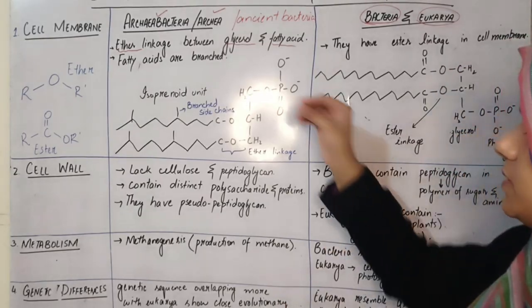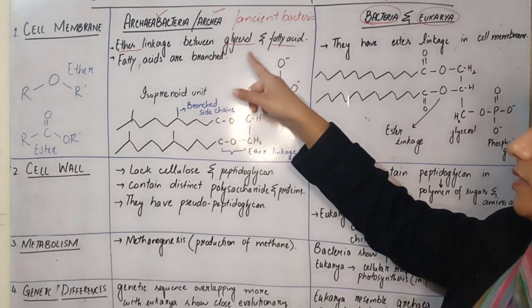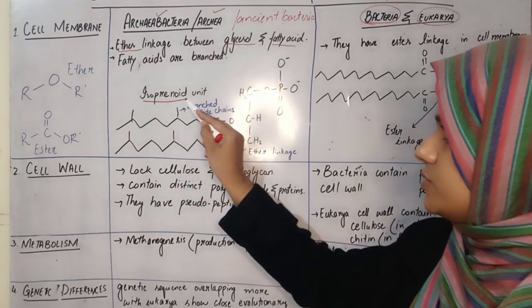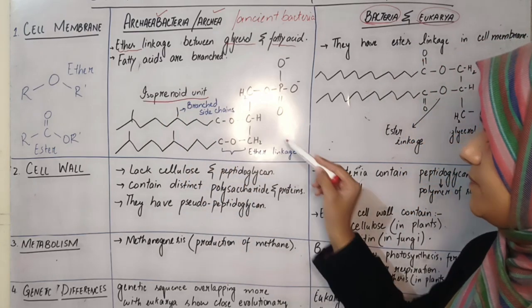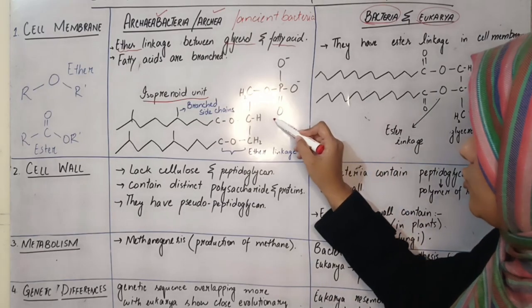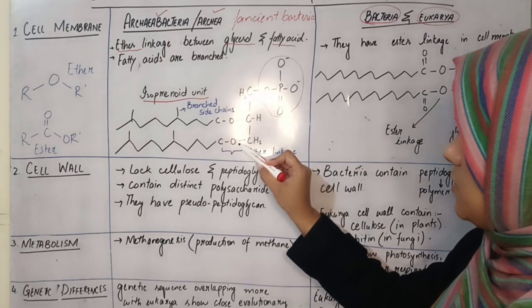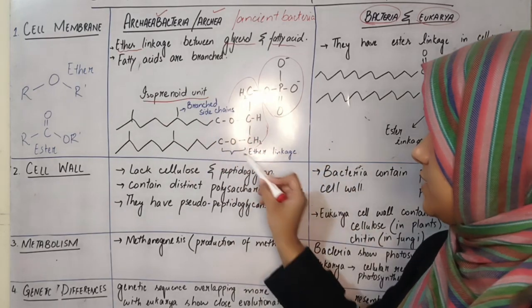The structure of the cell membrane comprises an alcohol, which is glycerol, bound with fatty acids. These are the units of fatty acids, isoprenoid units, and as you can see, this is the phosphate group, and here you can see the alcohol. So between alcohol and the fatty acids, there is ether linkage.